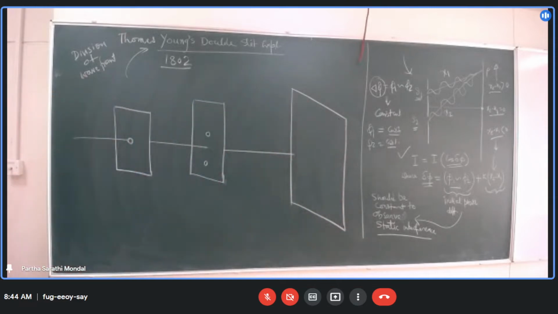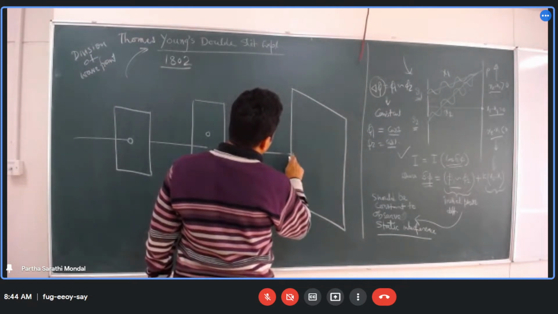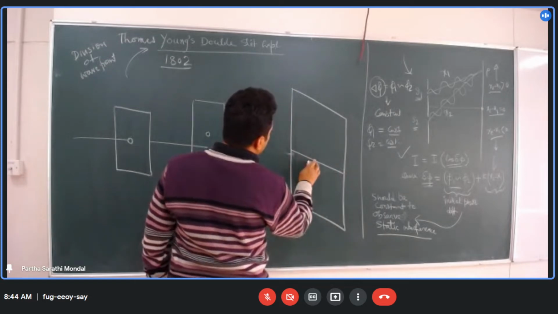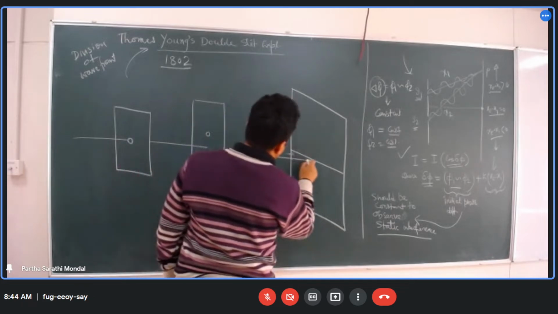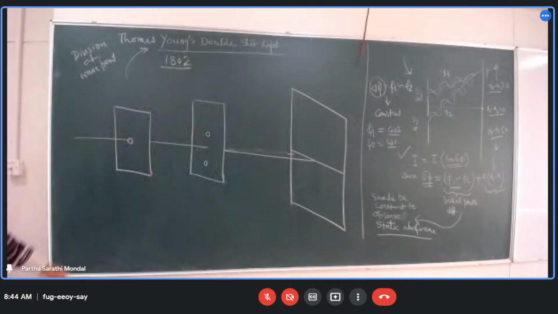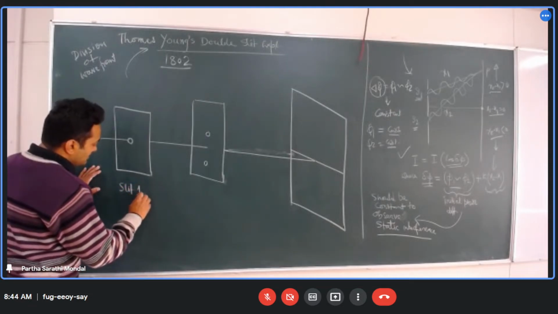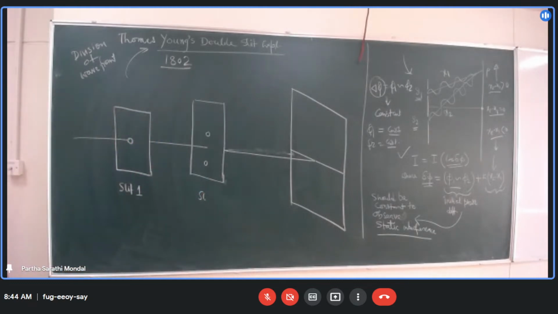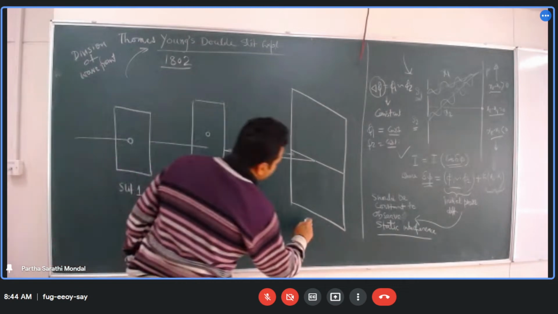Let's say this is the middle point, so it should touch somewhere here. Okay, so this is screen 1. It will give you two slits, slit 1 and slit 2, and this is the screen.